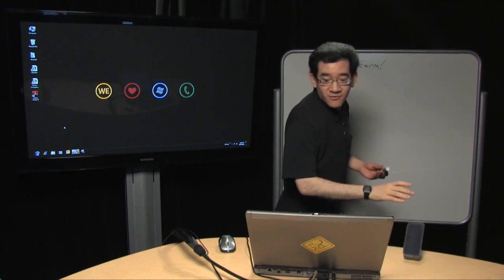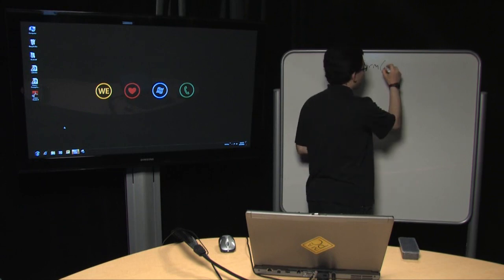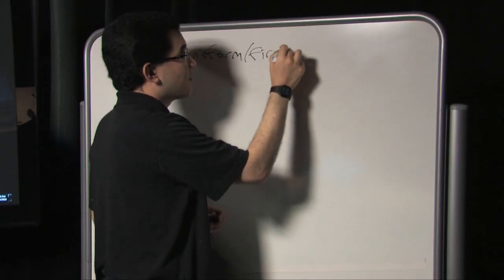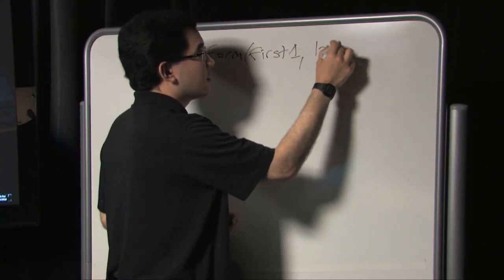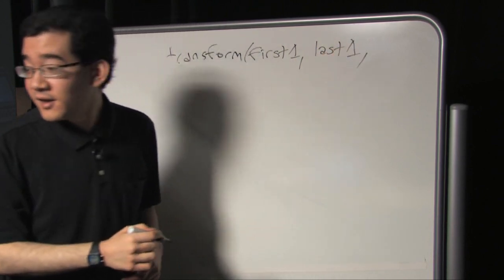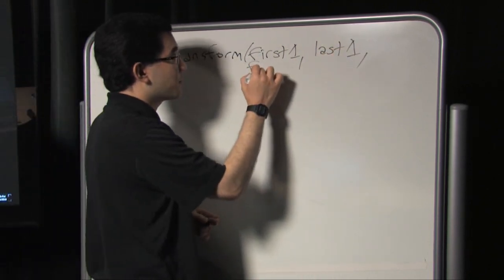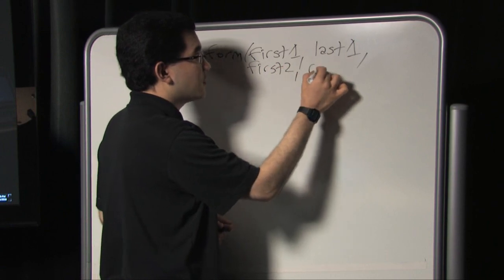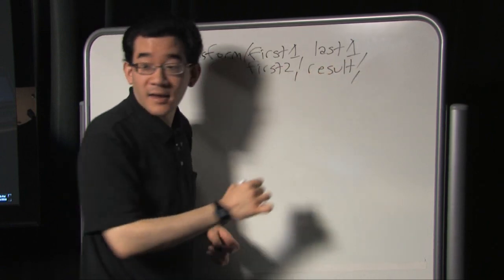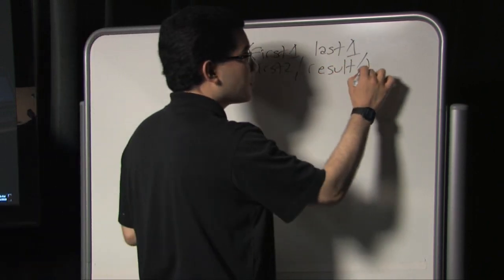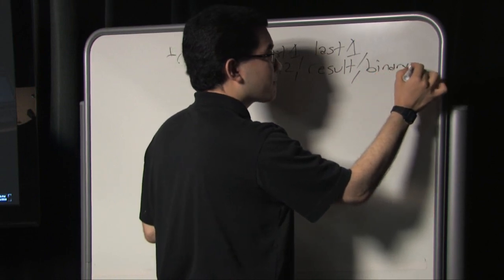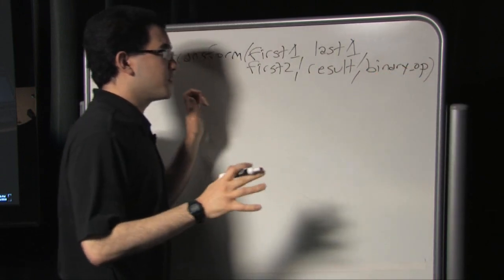We've got transform, and it's got first 1, last 1, and then first 2, result, and then binary op. Wow, 5 arguments. Confusing.